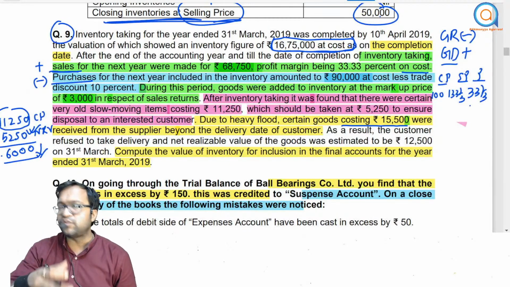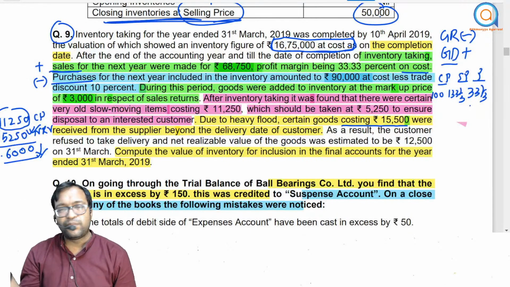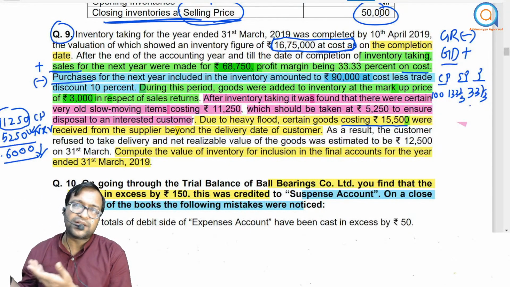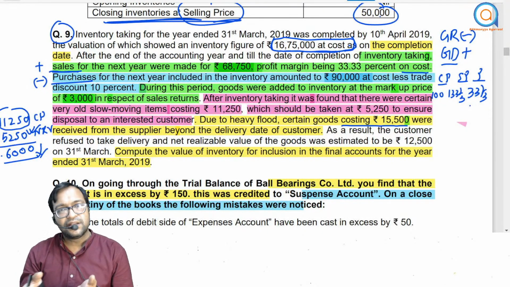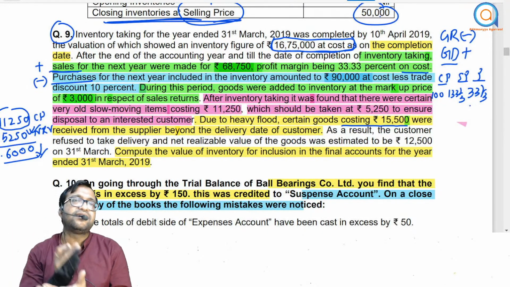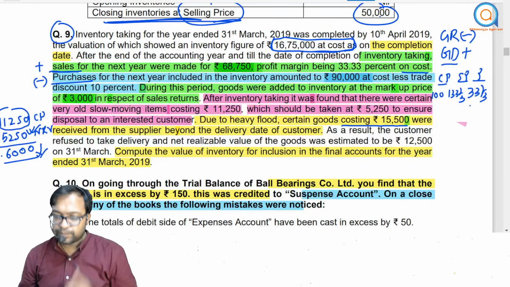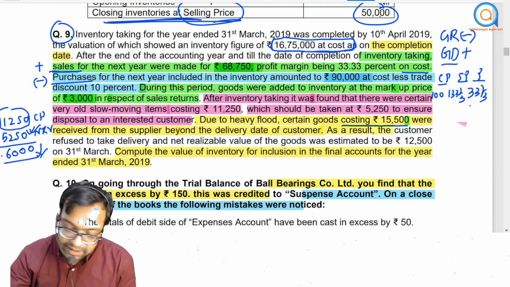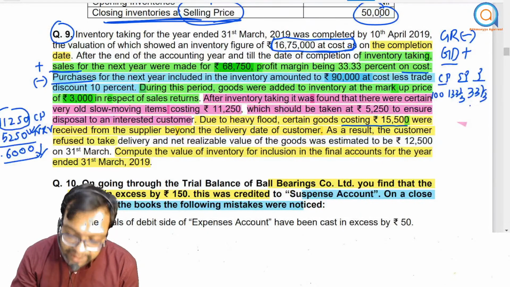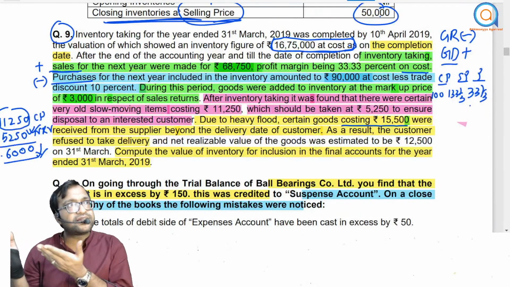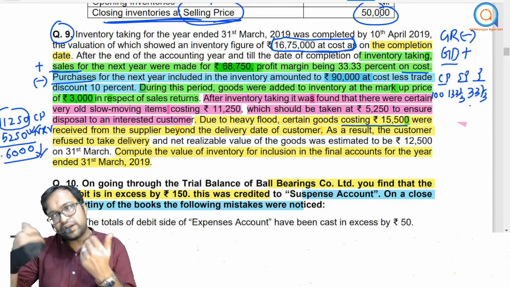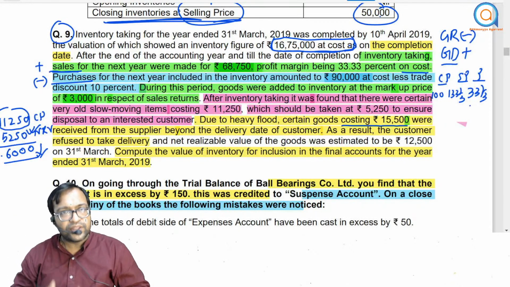These goods were to be sold to some customer, but I will not be able to sell it because the due date is over. Customer has given us a date, please deliver the goods within this date, but delivery date is over. As a result, the customer refused to take delivery. So these goods are lying with me in my godown.